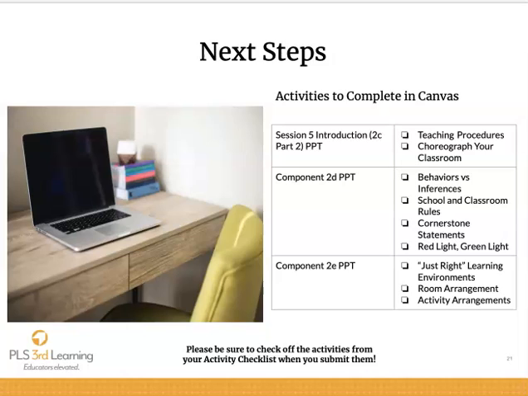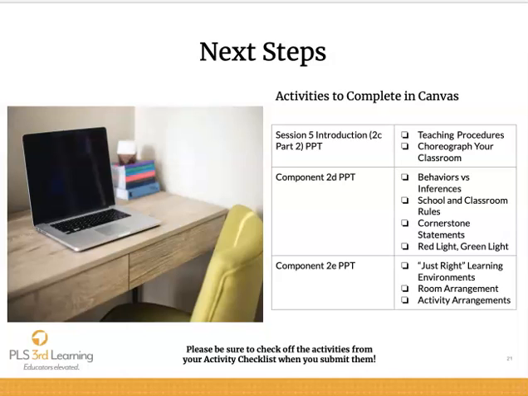Immediately after this introduction, please go back to Canvas Modules Section 5, Components 2C, 2D, and 2E. The next video will explore Component 2D and how we can encourage students to engage in positive behaviors.